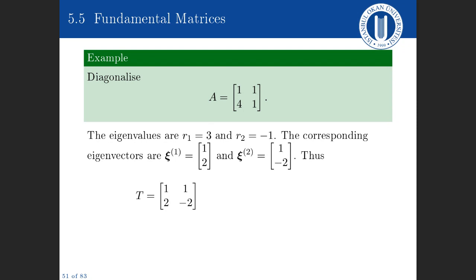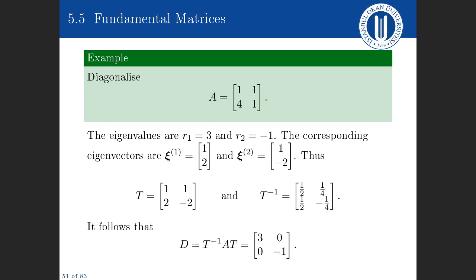We need the inverse of capital T. You know how to do this. And then we calculate T inverse AT. And we always get a diagonal matrix where the entries on the main diagonal are the eigenvalues. In this case, 3 and minus 1.